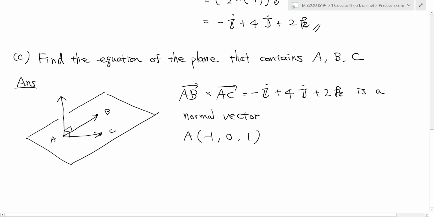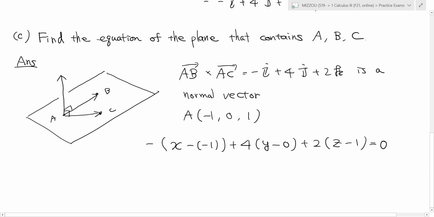So therefore, the equation of the plane is negative 1 times x minus 1, plus 4 times y minus 0, plus 2 comes from here, and z minus 1 is from here, and that is equal to 0. And then if you simplify this, you'll see negative x plus 4y plus 2z plus 3 is equal to 0.